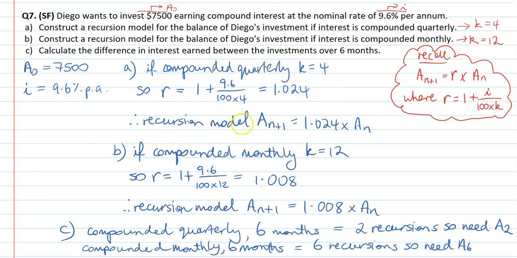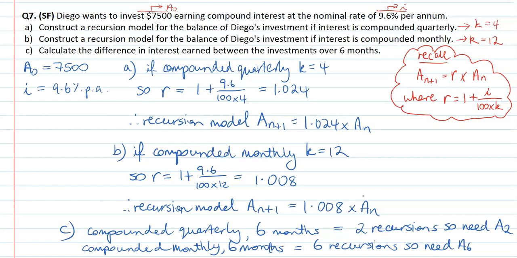So our recursion model for compounding quarterly is A to the n plus 1 is 1.024 by A to the n. If we change the consideration to be monthly, K is 12. So we do a similar thing and we get a different R value of 1.008. So our recursion model for monthly is A to the n plus 1 equals 1.008 by A to the n.